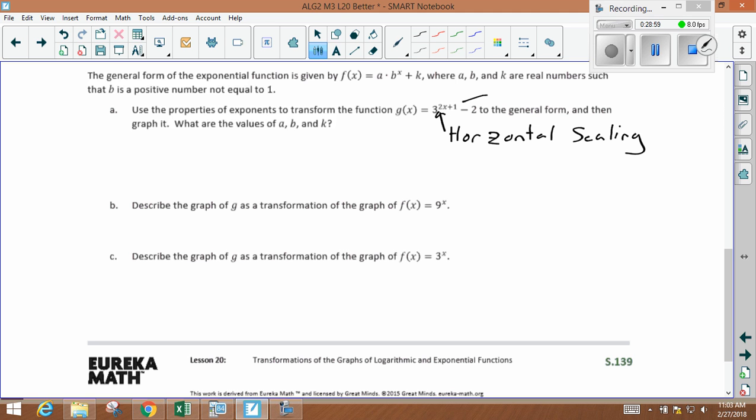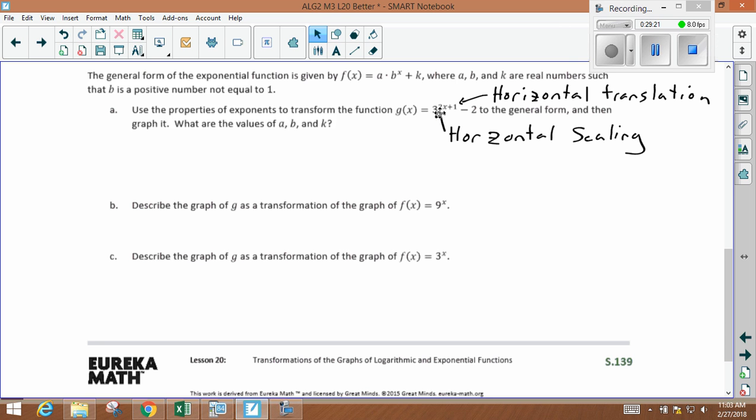And this 1 is going to be a horizontal translation. Let's go ahead and check this.